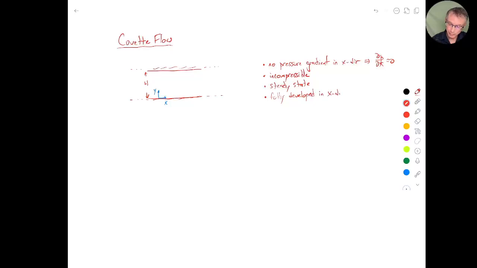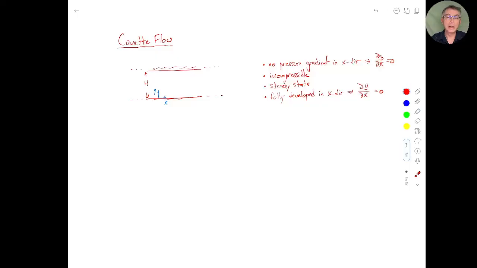What that means is that the velocity profile does not change as we move in the x direction. There's no variation in what the velocity looks like as we move in the x direction. In other words, whatever the velocity profile looks like here, it's the same velocity profile here, same velocity profile here, and so on. So there's no variation in the velocity profile that way.